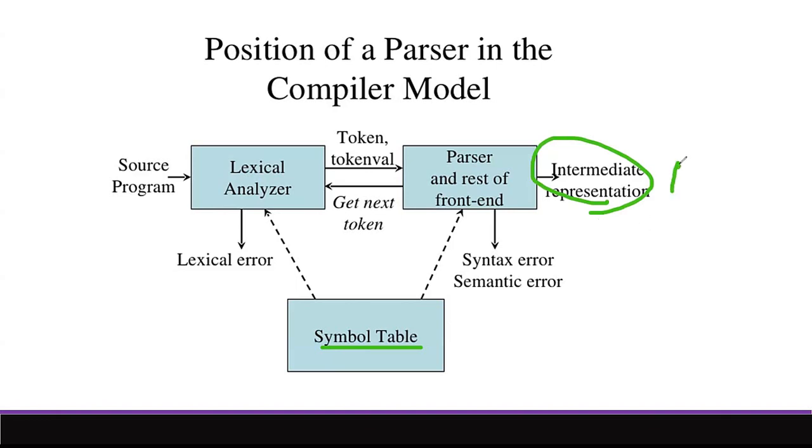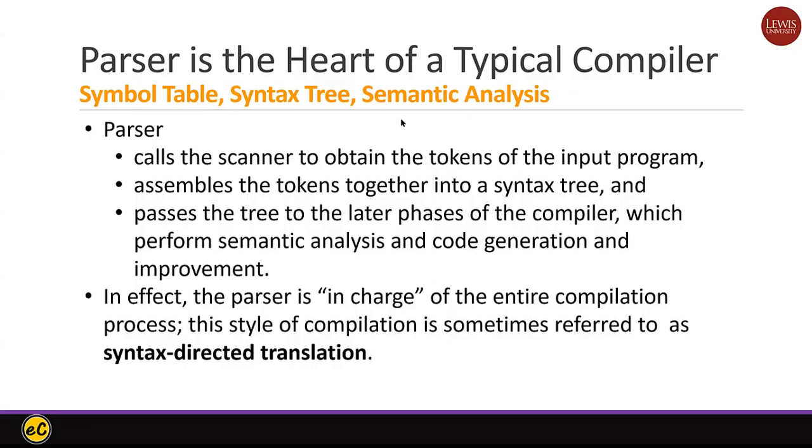And this usually is a parsing tree or abstract syntax tree. And then based on the abstract syntax tree, we may do code generation or translation. So the parser is the heart of the typical compiler. It's the most important piece in the software. And then it's a syntax-directed translation.